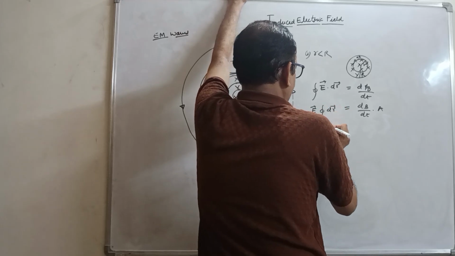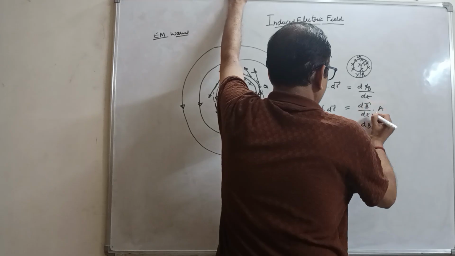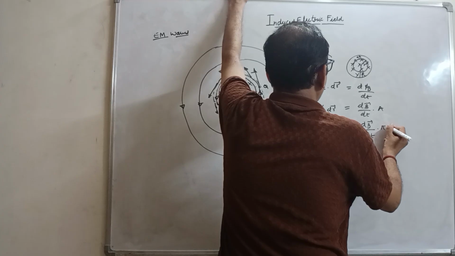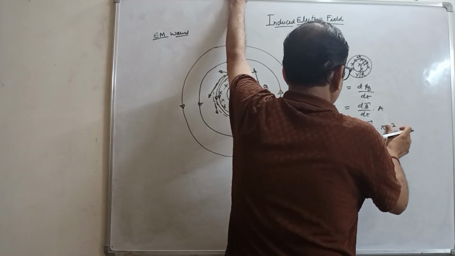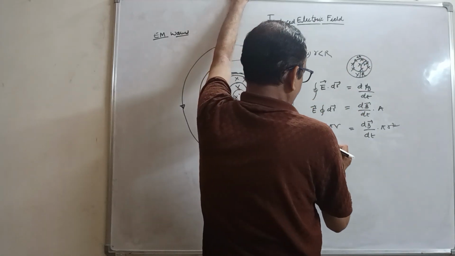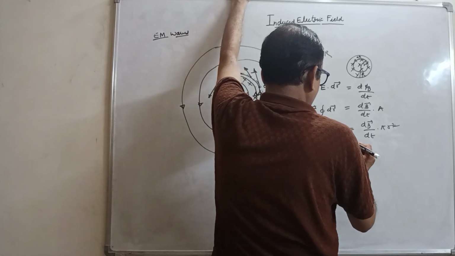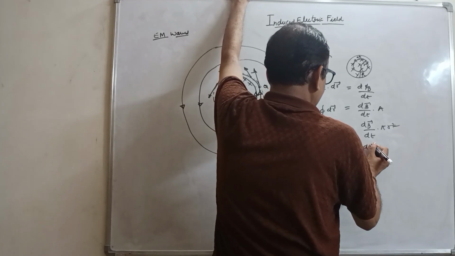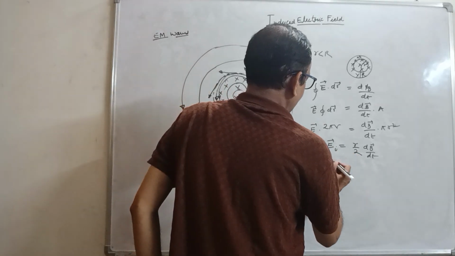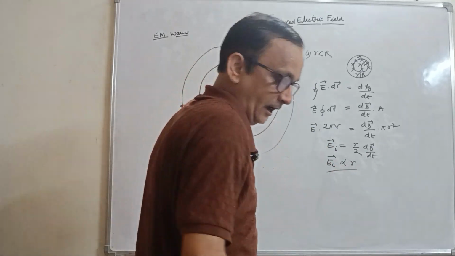So this becomes 2πr E equals dB by dt into πr square, the area of the loop in this region. So the induced electric field inside becomes E equals r by 2 dB by dt. This is the induced electric field inside the region, proportional to r.